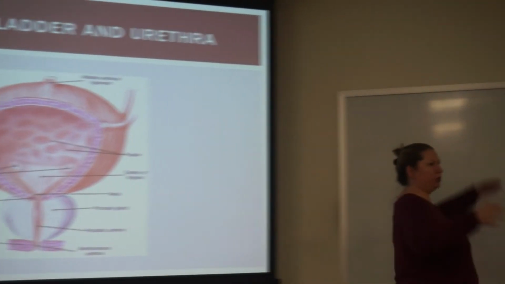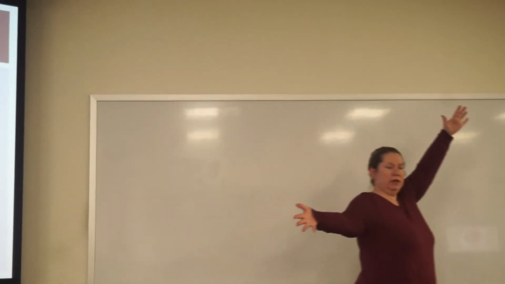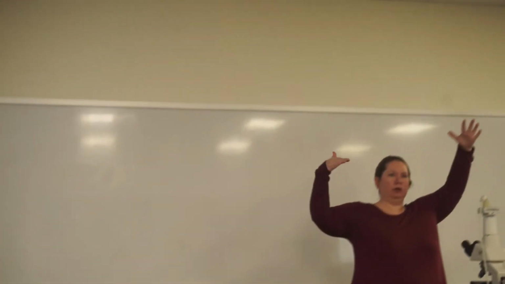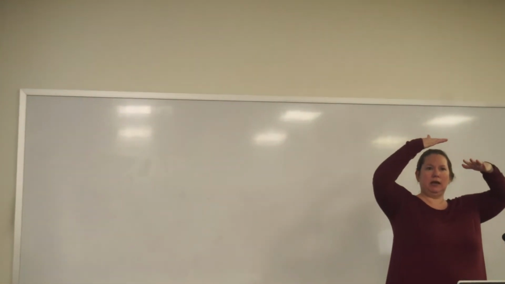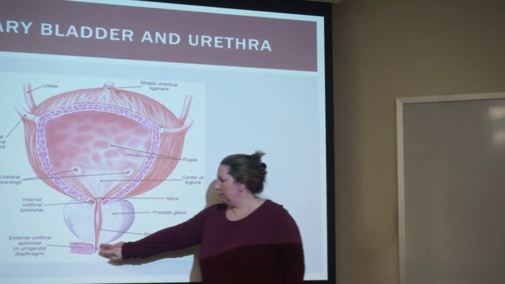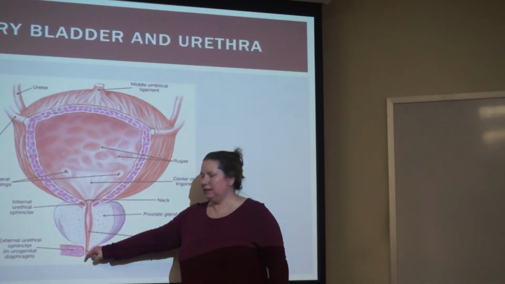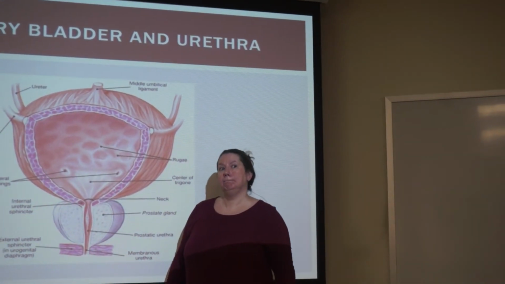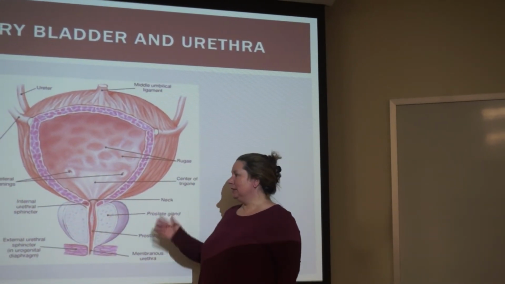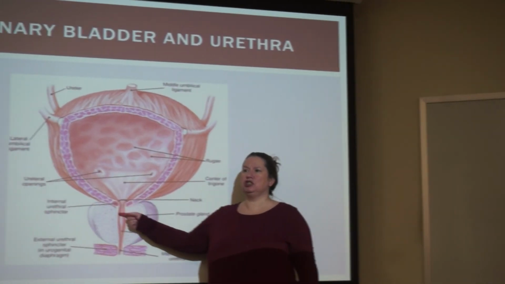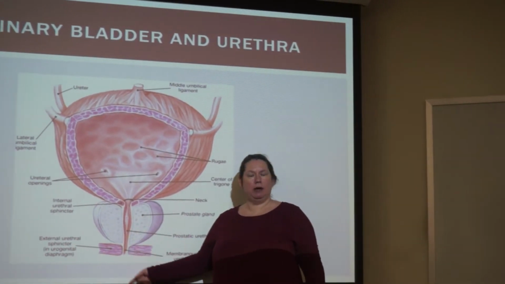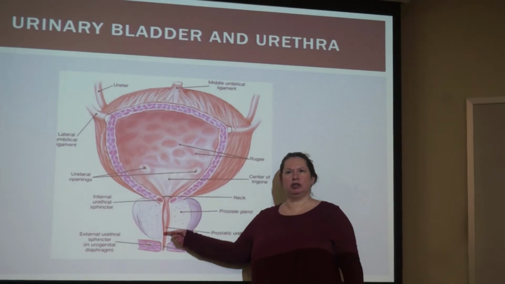In the males, your urethra is much longer, right? And we have it in different parts. We have the one that runs down the prostate, we call it the prostatic urethra. Then a little thin area, the membranous urethra. And then you go out through the penile urethra. And believe it or not, the epithelium does change as you move down. It starts off transitional and then it starts to change.